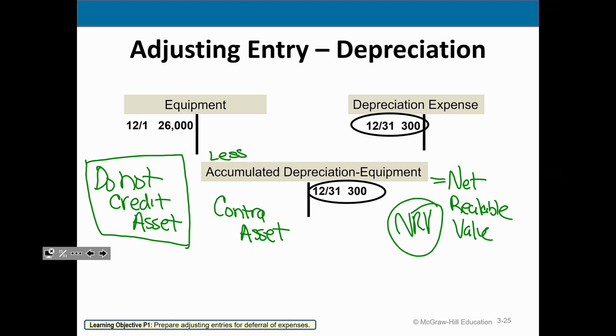NRV, net realizable value. So the passage of time is how you're going to record depreciation, which is showing you the usage of the asset. So make sure you have contra asset. Make sure that you do not credit the asset, because you will see a question like that on your test. And if you take equipment minus your accumulated depreciation, that's your NRV, net realizable value.